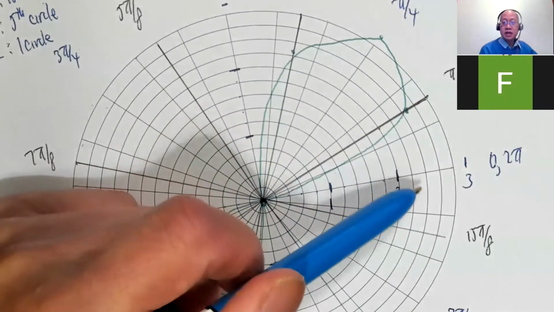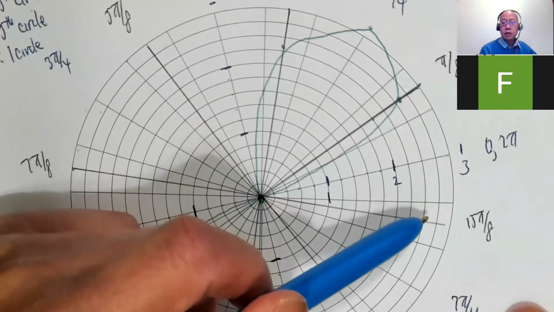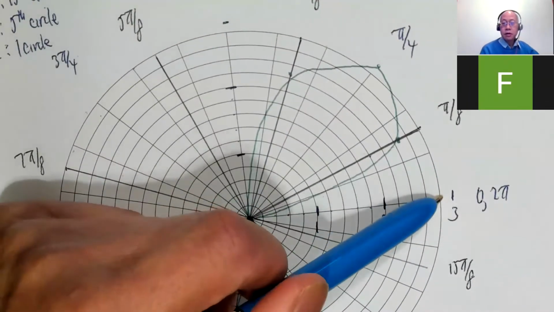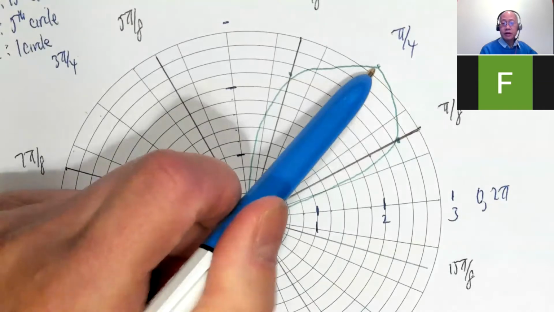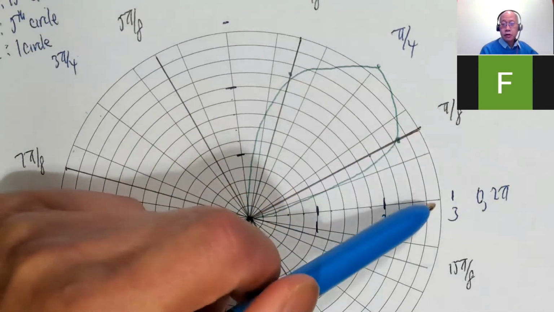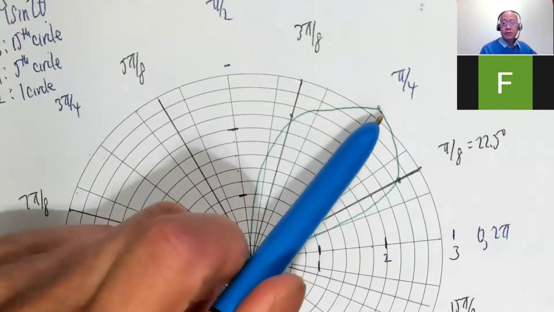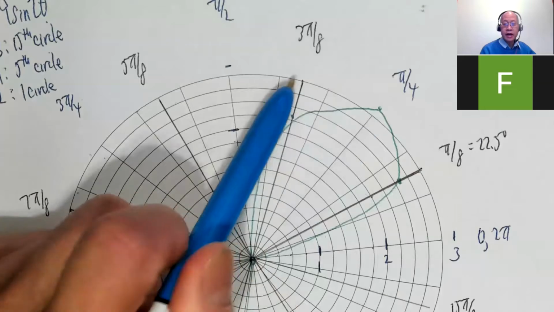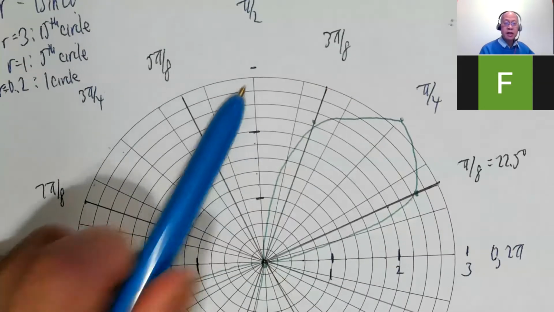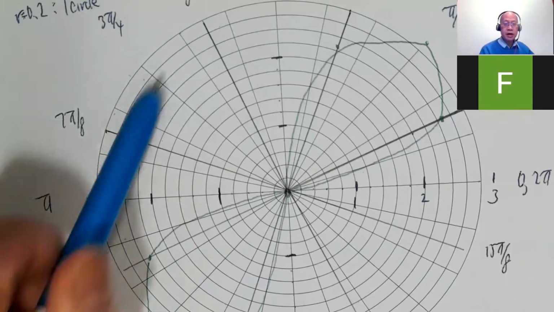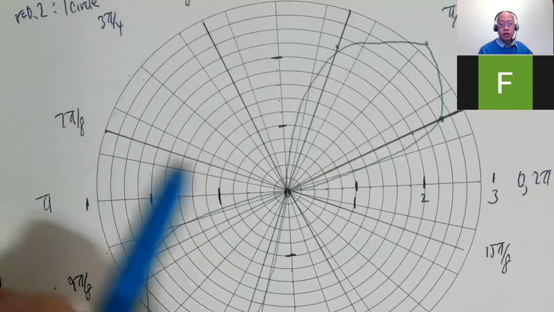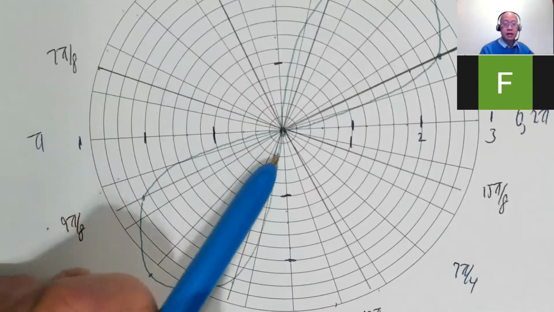Okay, so each of these, 0, 1, 2, 3, 45 degrees, cut that in half, so you go 1.5. Between 45 and 90, 1.5. Between 90 and 135, 1.5. Between 3 pi over 4 and pi, 1.5. And if you draw the line all the way across, it should match, but let's double check.